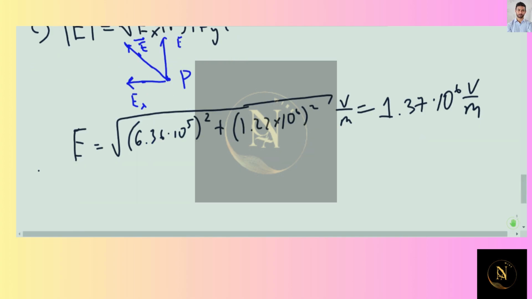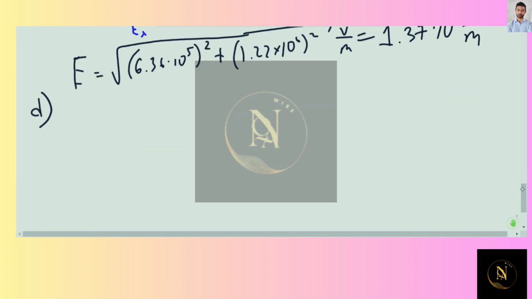So at point P, now we have to calculate the direction of this field. Let's sketch the system again. Pardon me, bad drawing. Let's say this is point P, point 2, point 1, point 3.